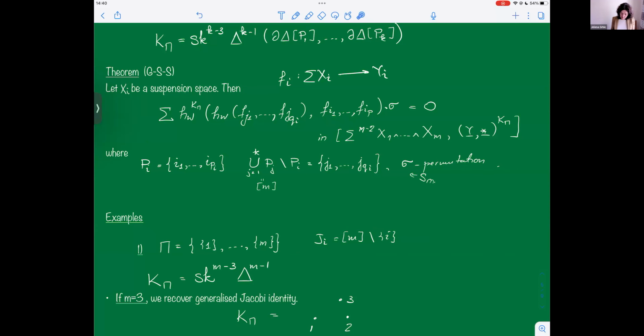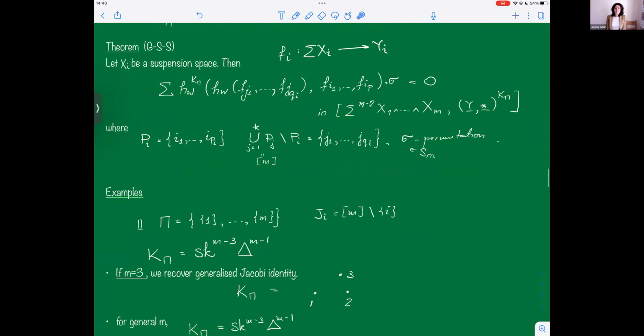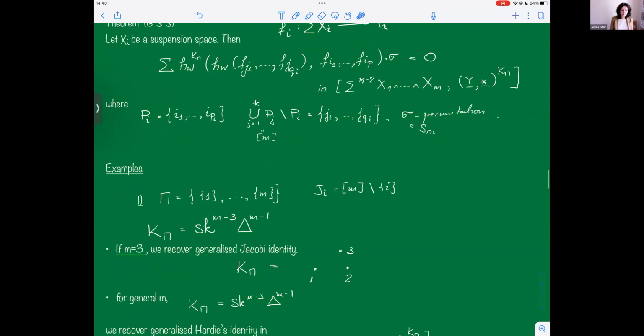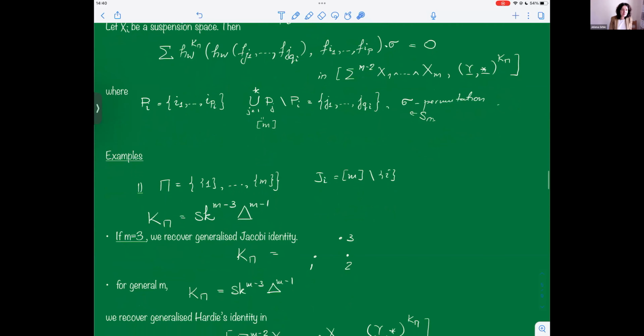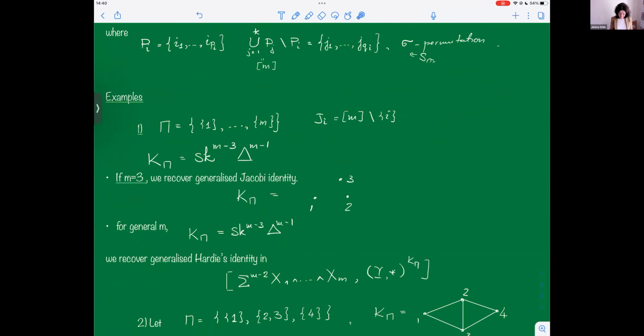So having these relations among these high Whitehead maps, we are essentially producing relations between high Whitehead products as well. Okay, so having our approach, I'll give you a few examples, and then I'll probably finish because the time is coming. I should finish right now.